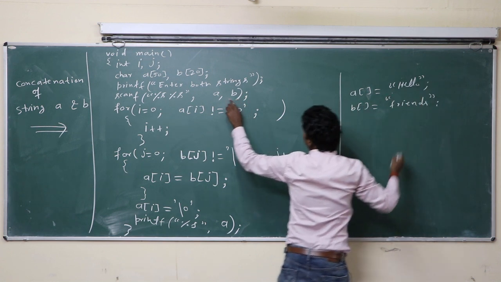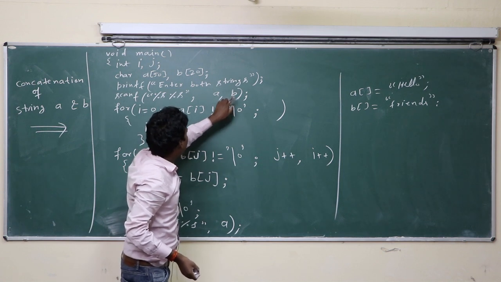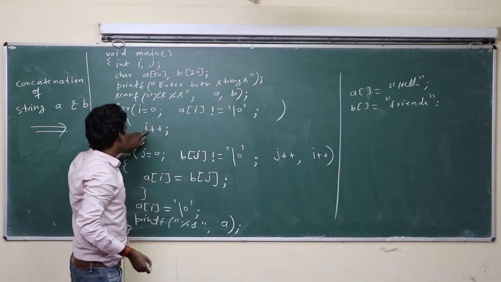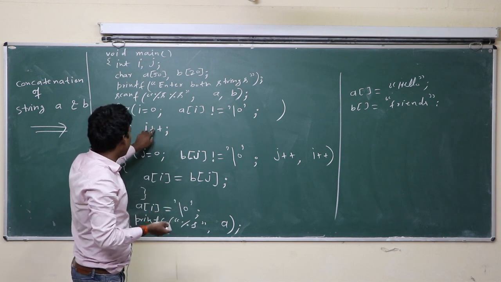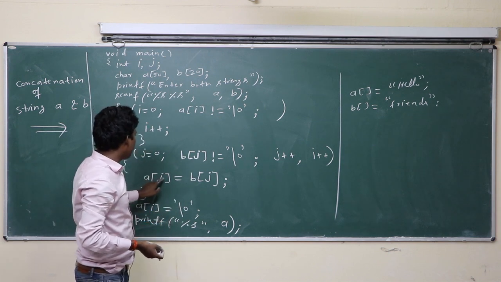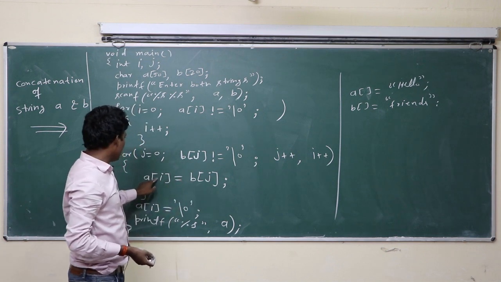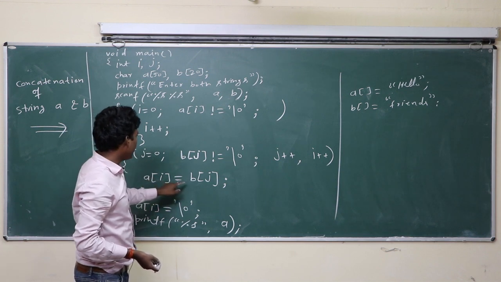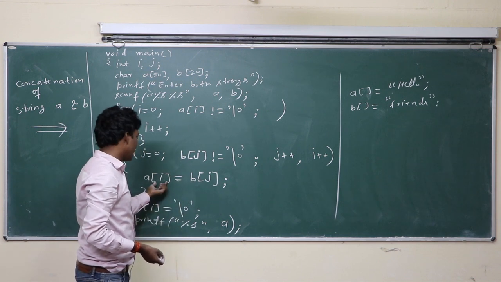Suppose here you enter hello and here you enter friends. Here I plus plus counts the number of characters in A, that is 5, so here A of 5. The first time, this string is started from A of 5. Friends is copied in after the hello.